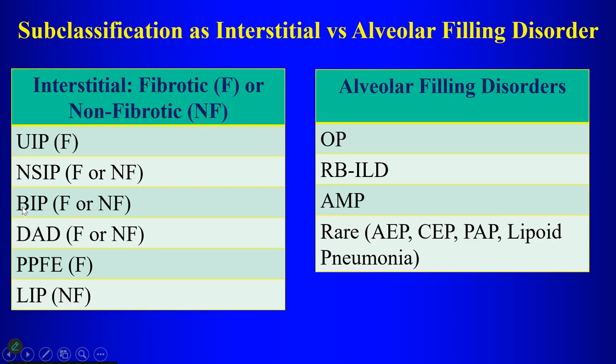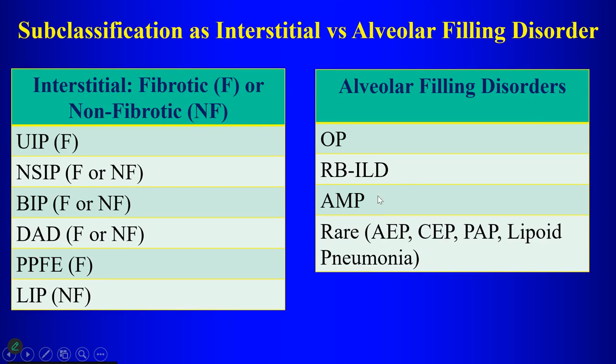UIP is fibrotic. NSIP, we've talked about, can be fibrotic or non-fibrotic. BIP, think about hypersensitivity pneumonitis, that can be fibrotic in the more chronic stages or non-fibrotic. DAD, remember that can also progress to fibrosis. PPFE is always fibrotic, and LIP is pretty much always non-fibrotic.